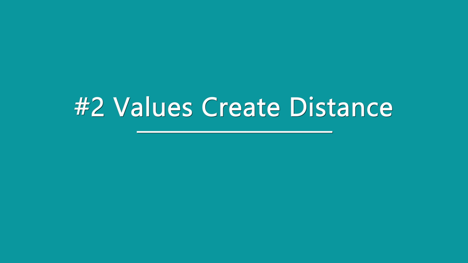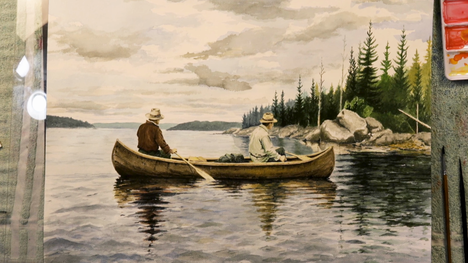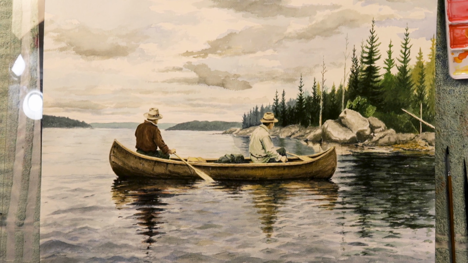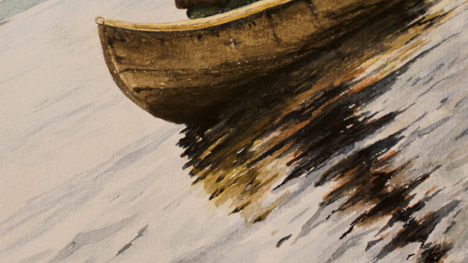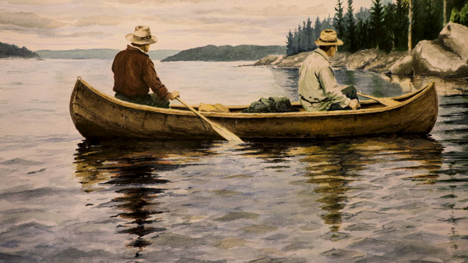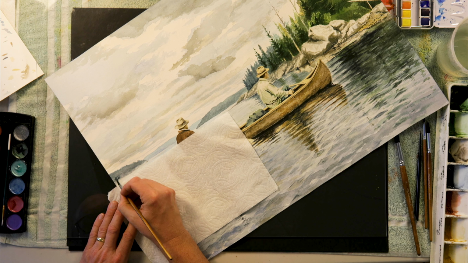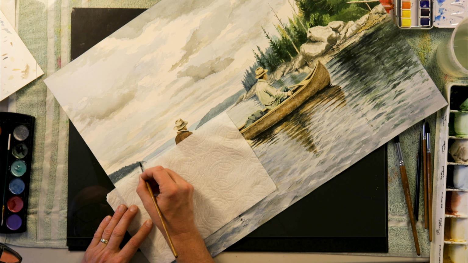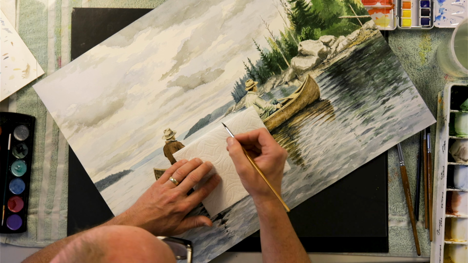Number 2, values create distance. Value is simply how light or dark something is. The objects, like the reflection beneath the canoe and the trees, have the darkest value. As well, the canoe has a stronger value contrast. The further things move away, closer to the horizon, like the distant mountain and the trees, the less contrast they have.